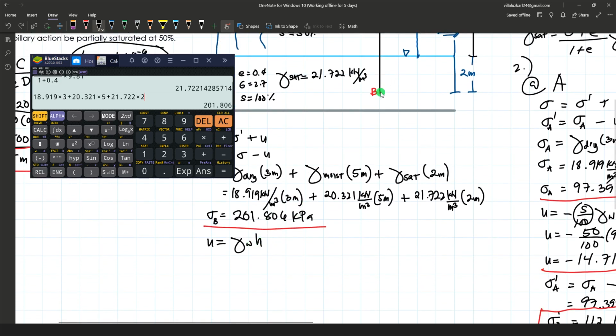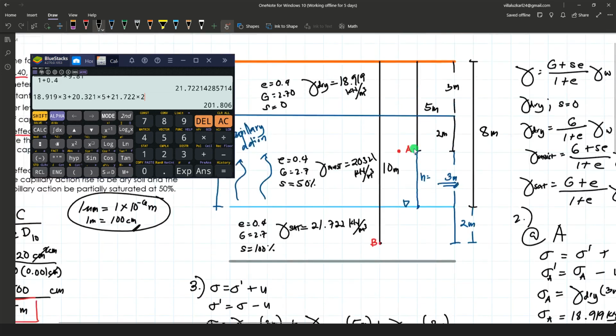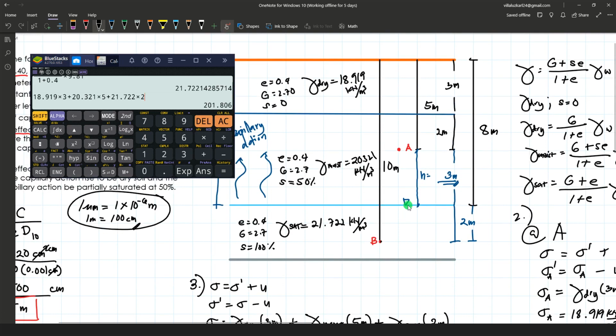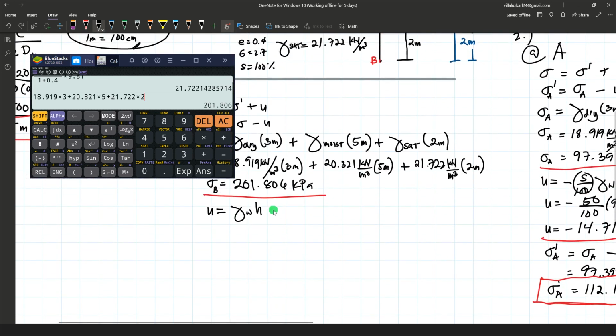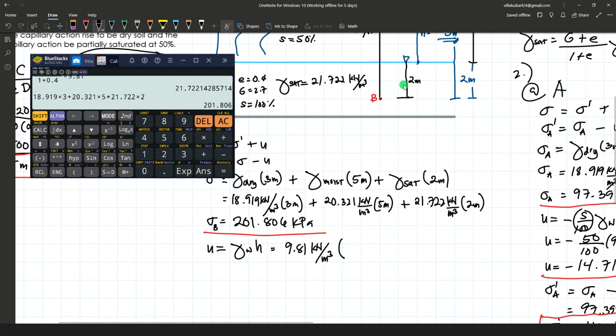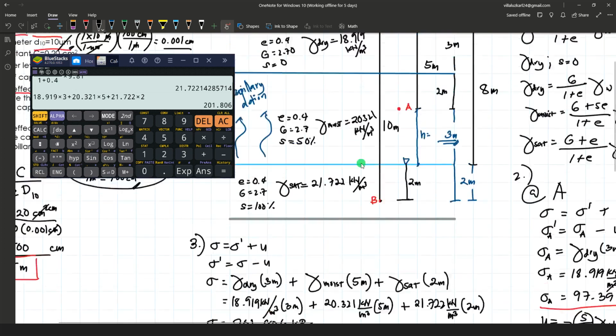Since the point where we determine the pore water pressure is point B, we measure the height from the water table to that point vertically, which is 2 meters. So we have 9.81 kilonewtons per cubic meter, and 2 meters.